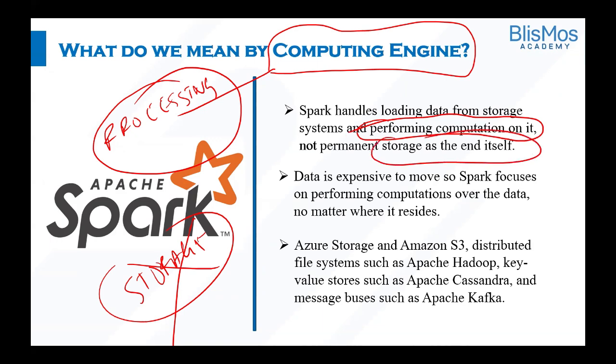For storing the data, it uses HDFS or Amazon S3 or whatever data storage, data lake, or storage systems are used. So that is the reason it is called a computing engine. It limits itself to the processing.